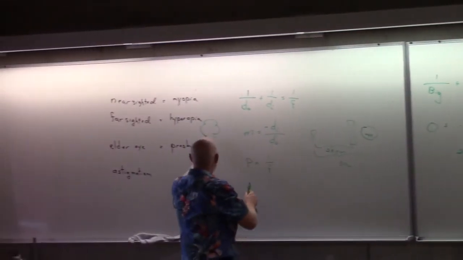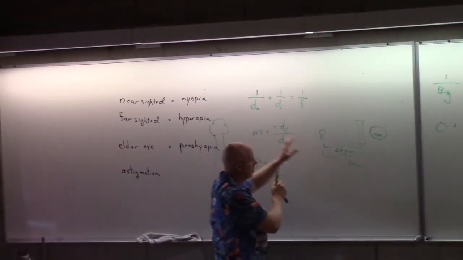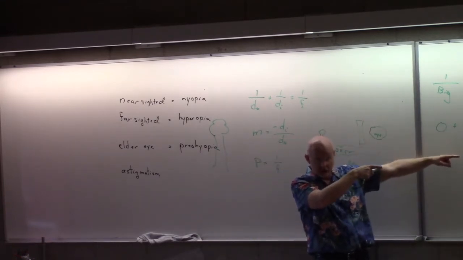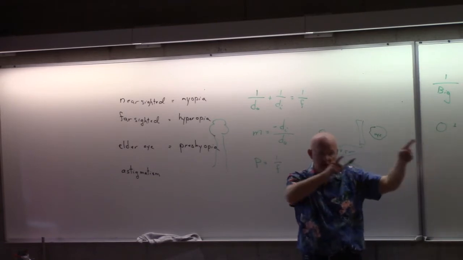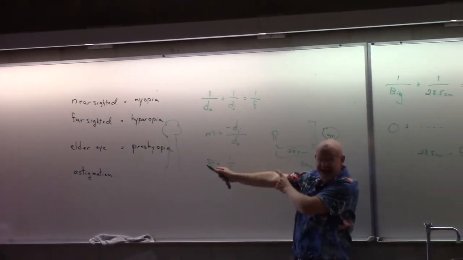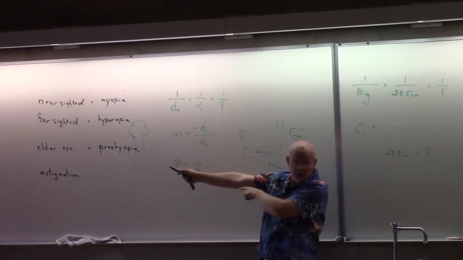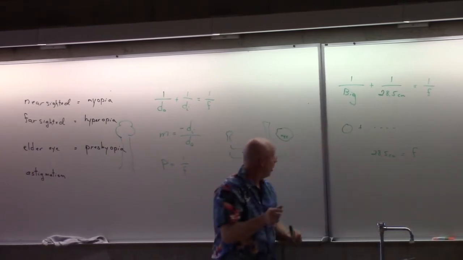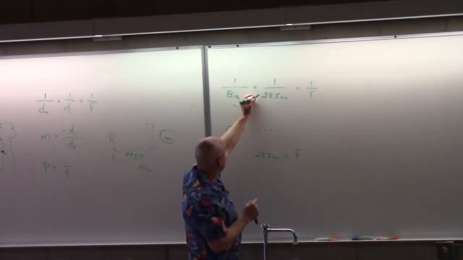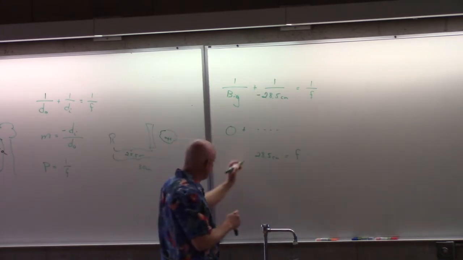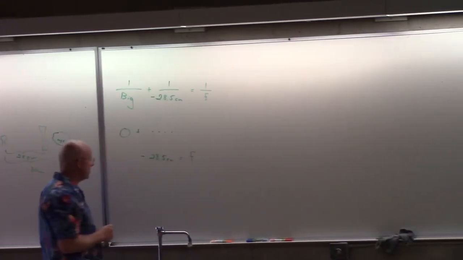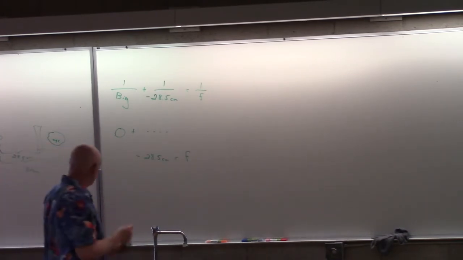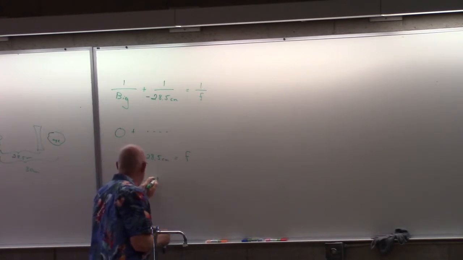If you start with an object over here, when the image is formed as the light goes through, on this side is a positive image distance, a real image distance. This side is a negative image distance, what we call the virtual one. We called that case number 2 yesterday. So I should have put a negative for the distance, which makes a focal length which is negative. Now if we change that to meters, it's a negative 0.285 meters.